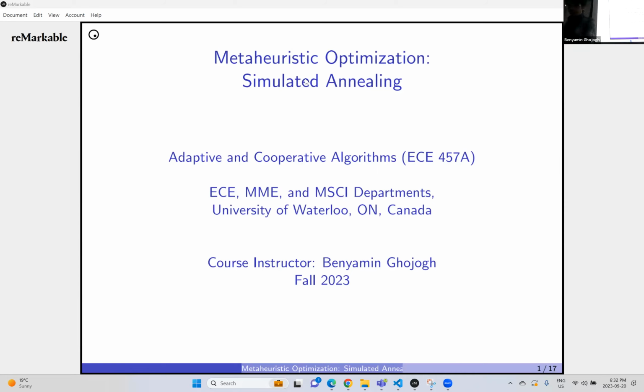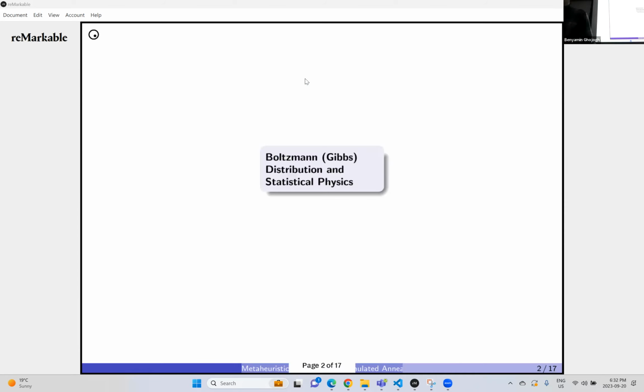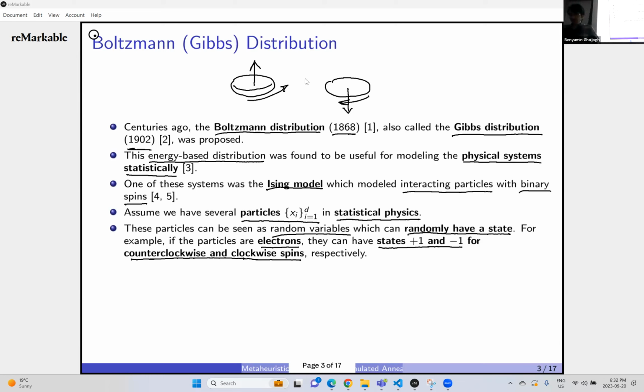As we saw, the Boltzmann distribution, also called the Gibbs distribution, was initially proposed in 1868 and then in 1902. So it's the energy-based distribution. Whenever we hear energy, we should think of physics.